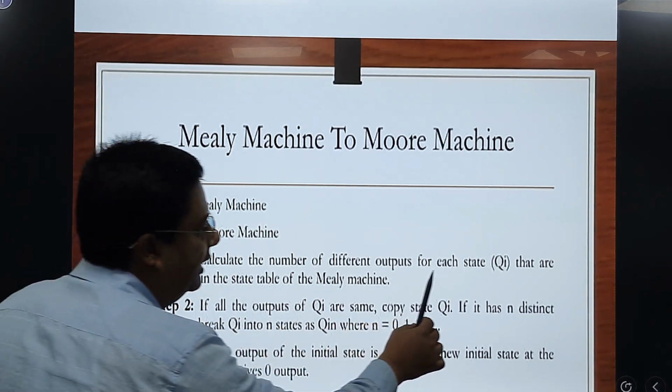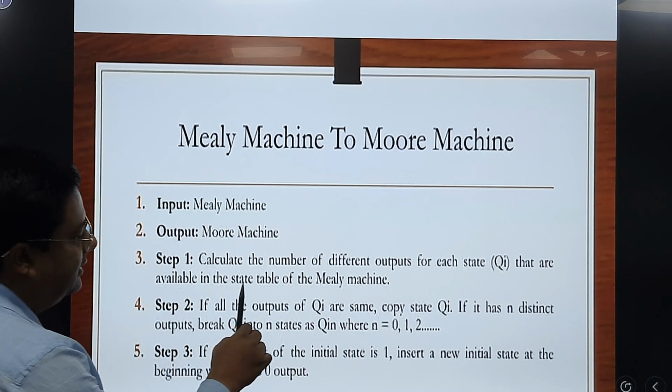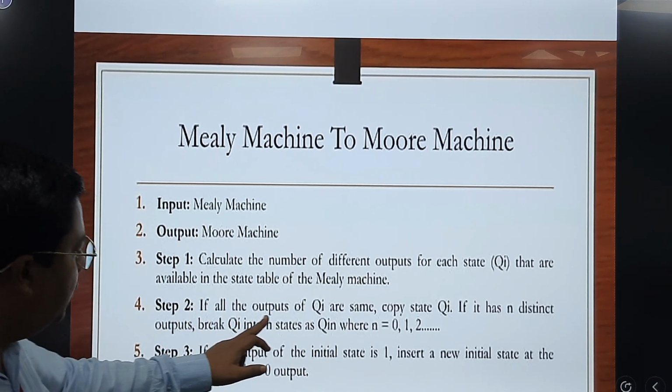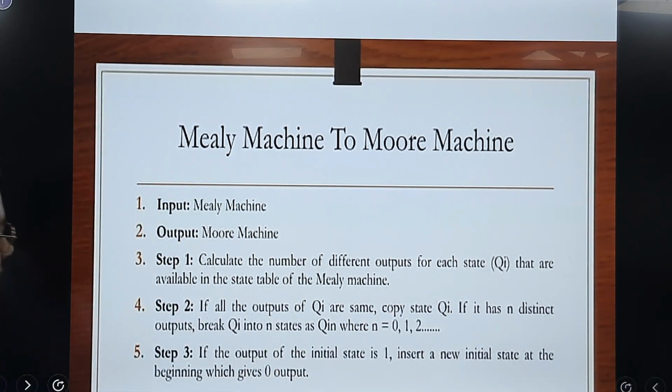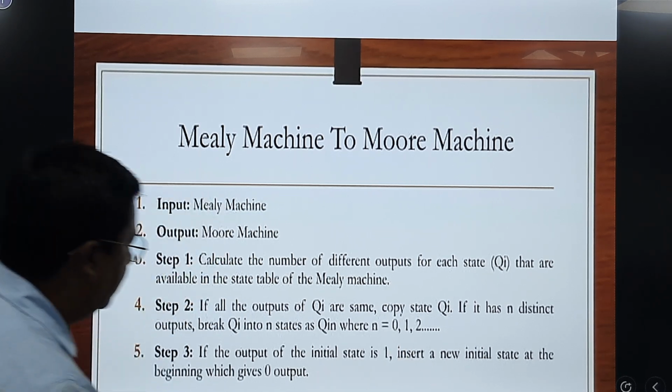Calculate the number of different outputs at each state Qi that are available in the state table of the Mealy machine. Next, if the outputs of Qi are the same, copy Qi; if it has distinct outputs, break Qi into states Qi0 and Qi1.